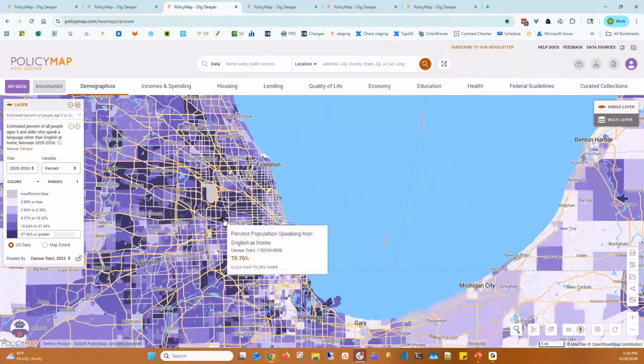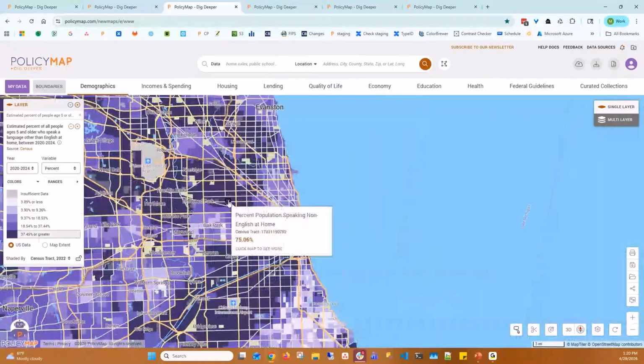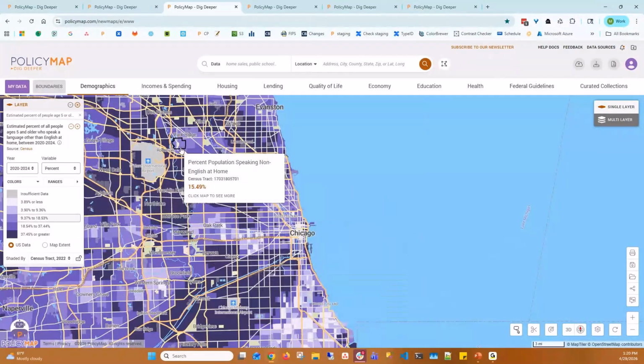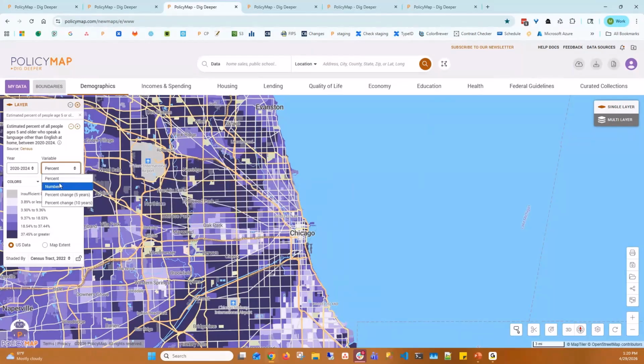Digging in deep here, if we just pick Chicago, we can see that we have large populations in Franklin Park, Northlake, Norridge. I can also understand that percent change over time. This is where I was talking about how we now have the option of 5-year and 10-year, which is super exciting.